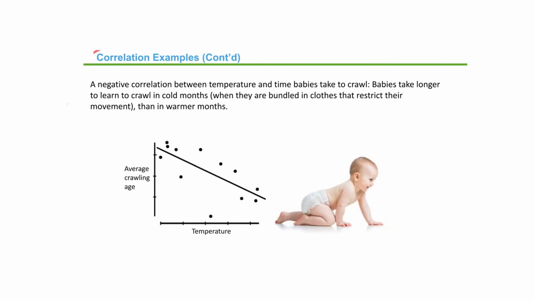So they take more time to crawl. When the temperature is more, it is warm and hot, they're taking less time. Whereas when the temperature is less, the time is more. A simple mantra is they are inversely proportional to each other. As one is more, the other is less. So we can say they are negatively correlated, or inversely proportional, which is a much simpler way of understanding.